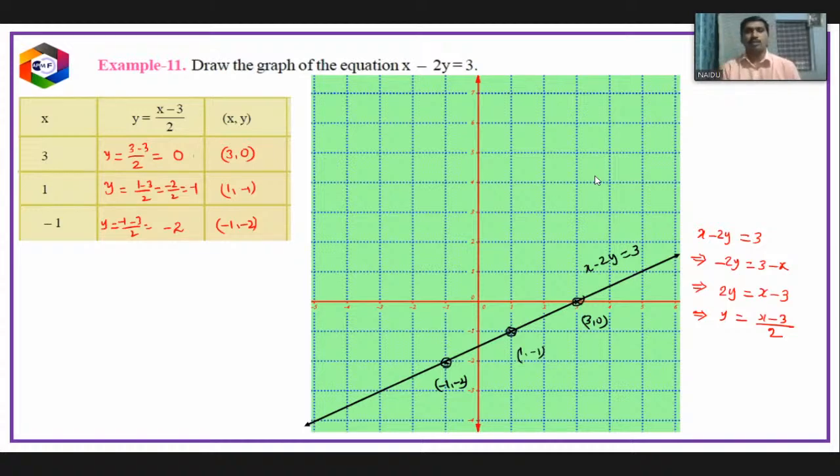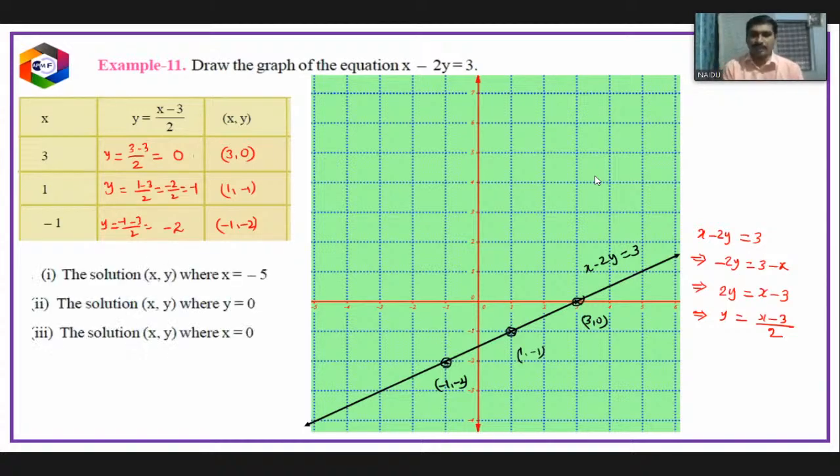Here is the question. At the bottom left corner, you can observe there are a few questions. Children, observe the first question. The solution x, y where x equals minus 5. If x equals minus 5, what is the y value? From the graph only, x is minus 5. Observe carefully, this is the point.